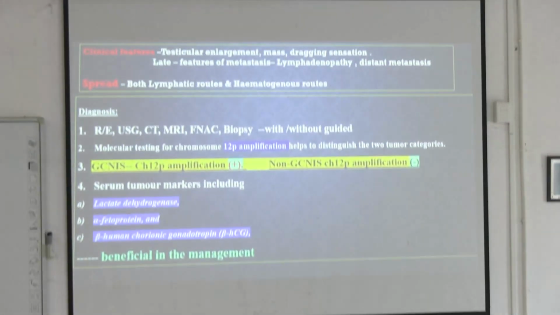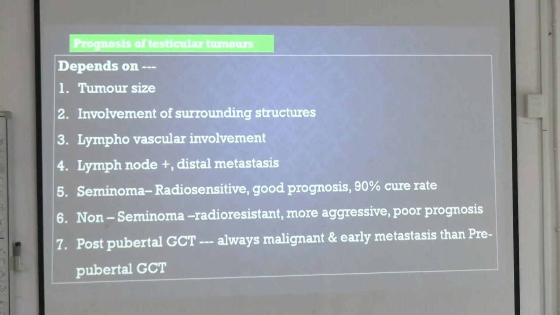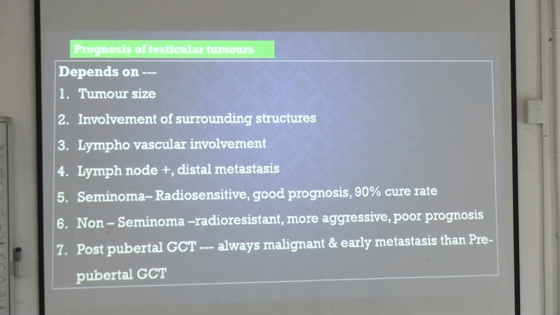And then prognosis: how do we expect the tumor to behave, good prognosis or bad prognosis? It depends upon the tumor size. If it is small, good prognosis; if large, worse prognosis. If there is metastasis, it is a very bad prognosis. Other factors are lymphovascular involvement, then lymph node metastasis, then hematogenous metastasis.